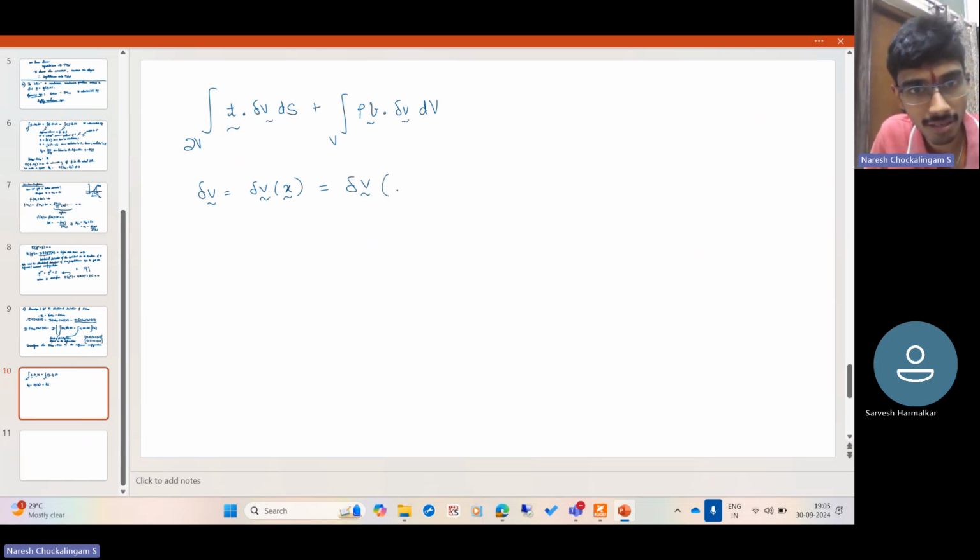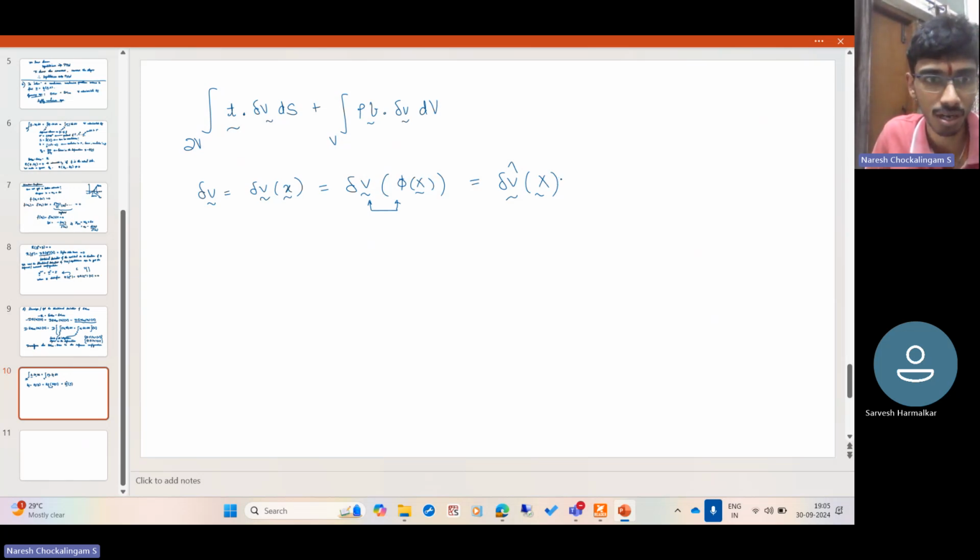So this is just some function of phi of x, and this function you can write as some other function of the material point X. So ultimately this depends only on X, not on the deformation gradient. So you can always specify an arbitrary admissible velocity field defined over the material configuration.